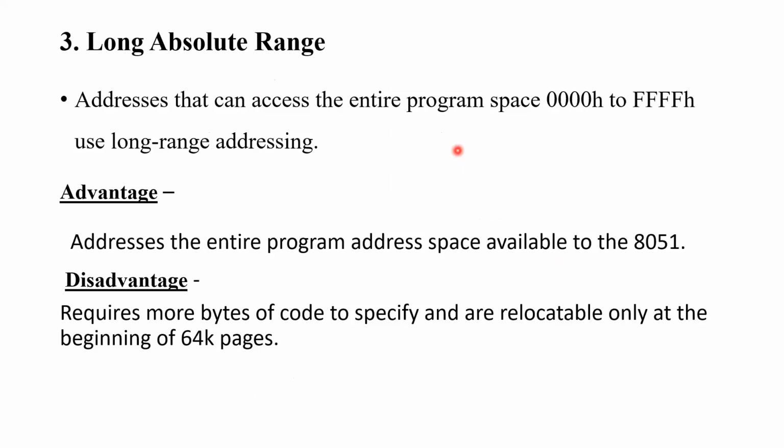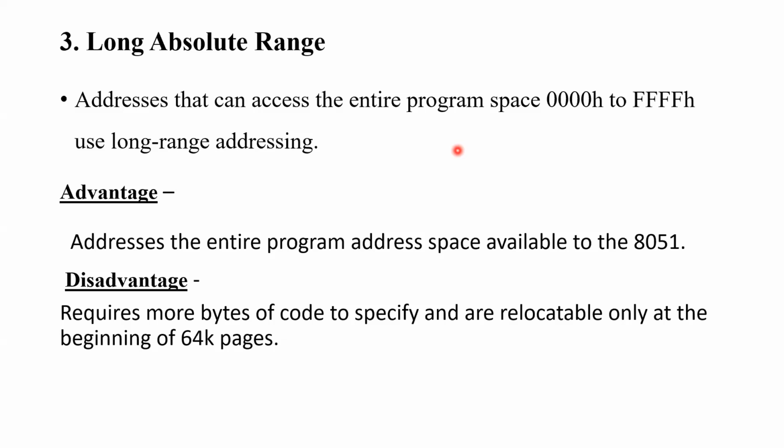Addresses that can access the entire program space from 0000H to FFFFH use long range addressing. What is this program space? It is nothing but 64 kilobytes of memory. The range is from 0 to 64 kilobytes.